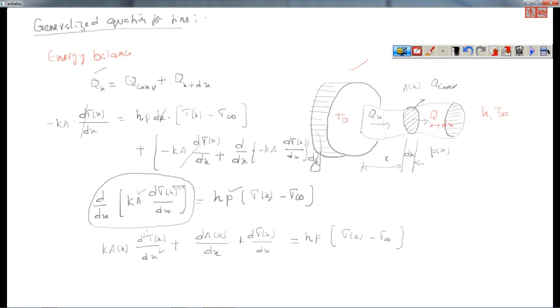If I name this as equation number one, now I am dividing this equation number one throughout by Ka, and I'm simplifying T(x) minus T infinity as theta x, putting T of x minus T infinity as theta of x.